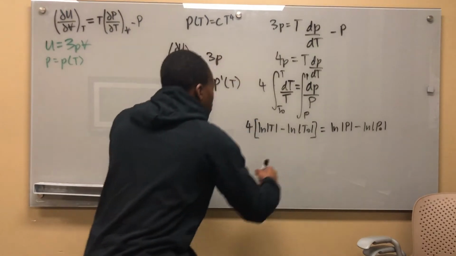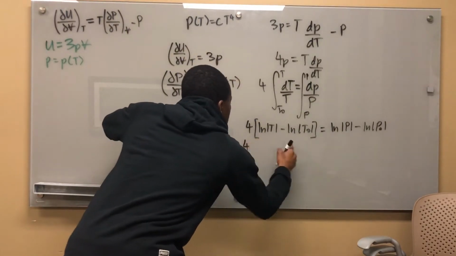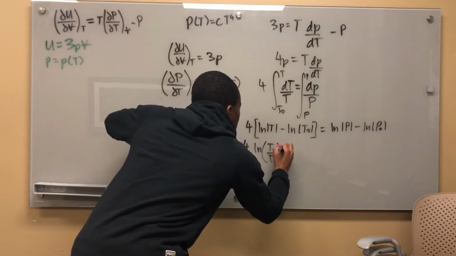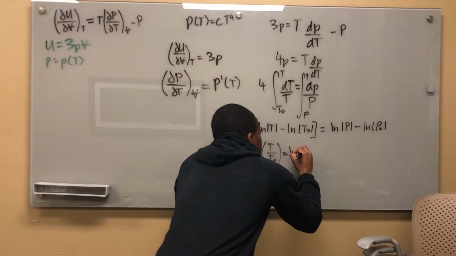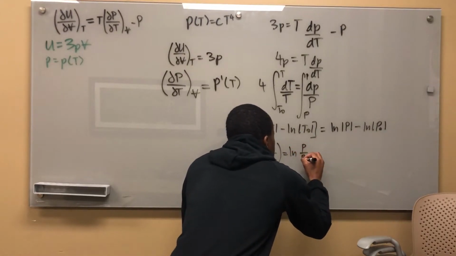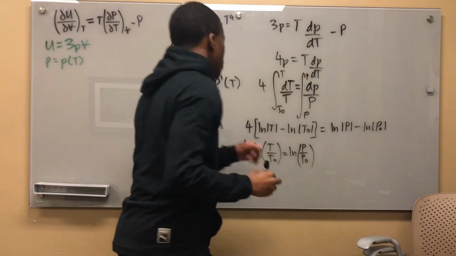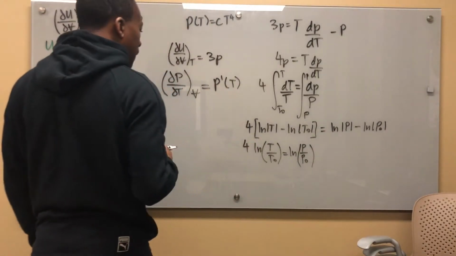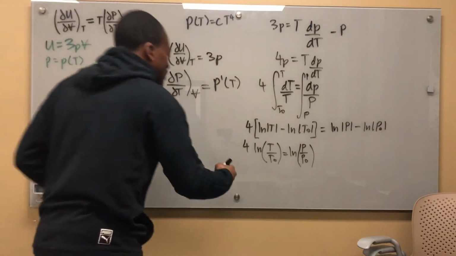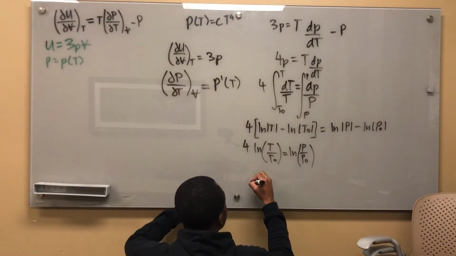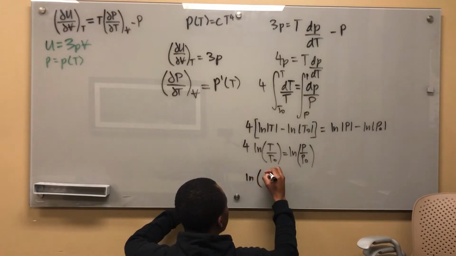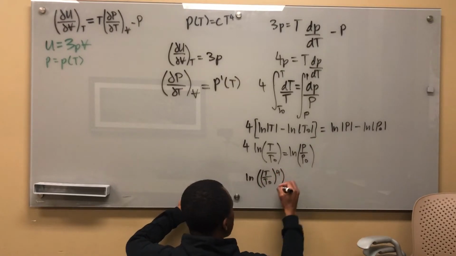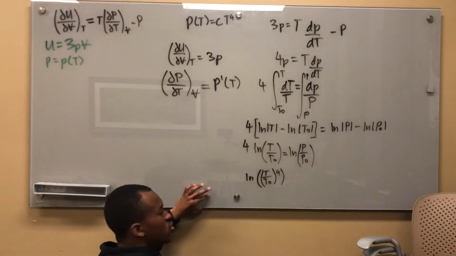Now, the rules of logarithms say that this is equal to this, isn't it? T over T naught. And likewise, ln of this would be this, right? Cool. What can I do now here? Okay, so now I can bring this like this. I can say ln of T over T naught to the 4th. Isn't this just equal to this? Rules of logarithms, right?